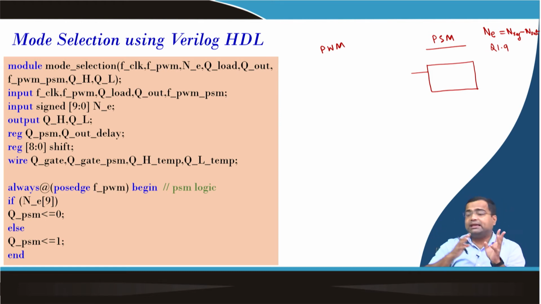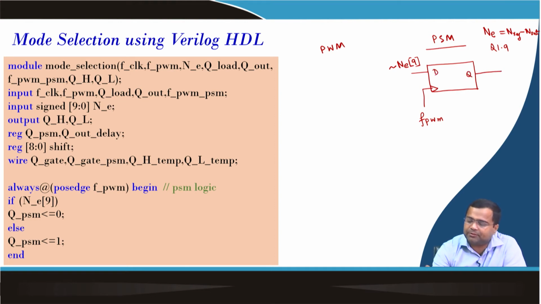The MSB indicates the sign bit. So, if we take NE9, if this bit is 0, then at the edge of the PWM clock, this counter, which is your D flip flop, is your QPSM.